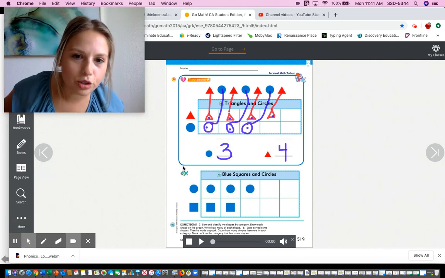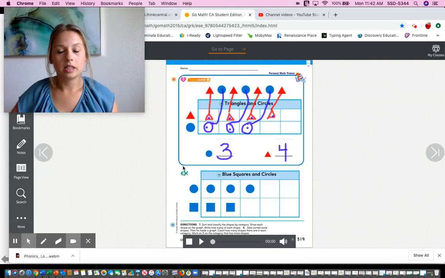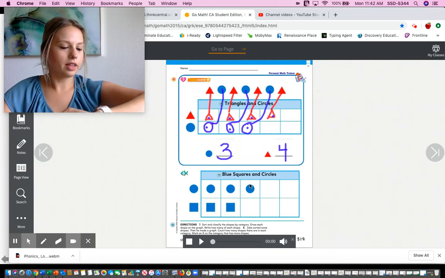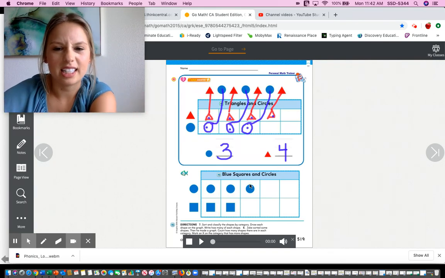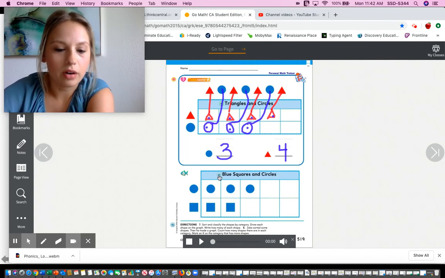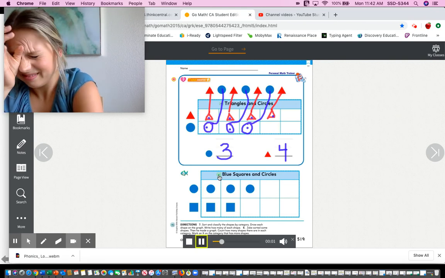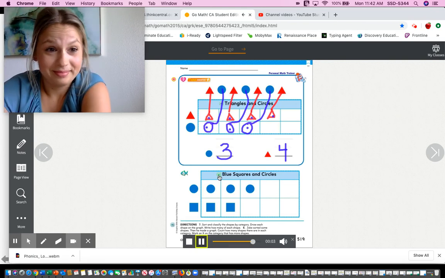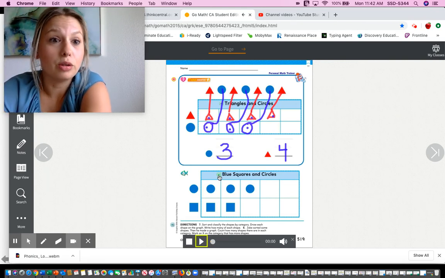Find the bluish green fish, number 8. I see another graph that looks like a 10 frame, but it's not a 10 frame. Actually, this one is a 10 frame, but it's a graph. Let's see the title of our graph. Blue squares and circles. So now we're working with blue shapes.